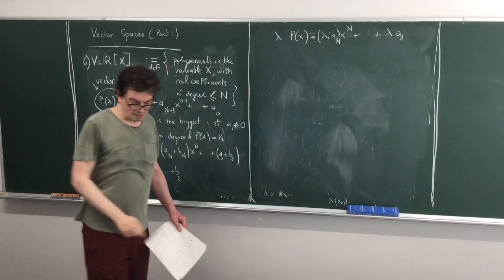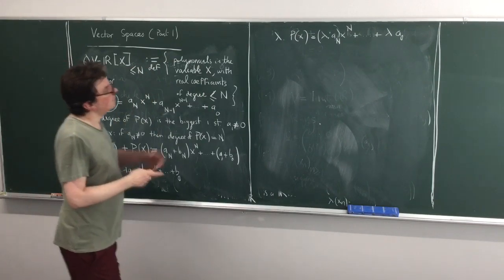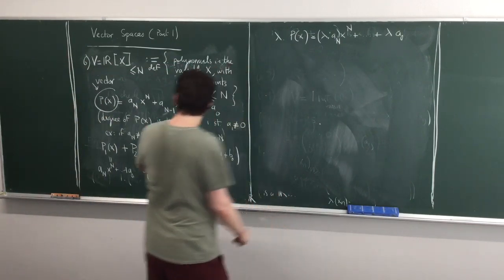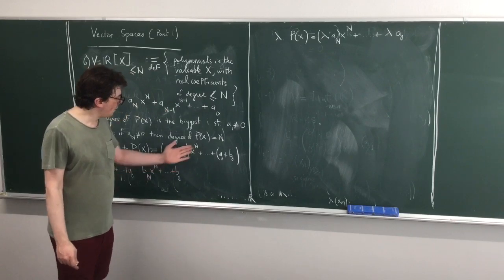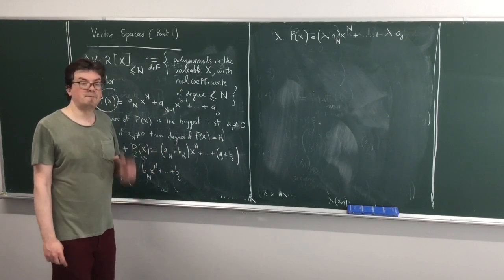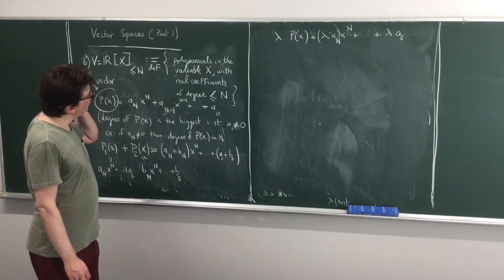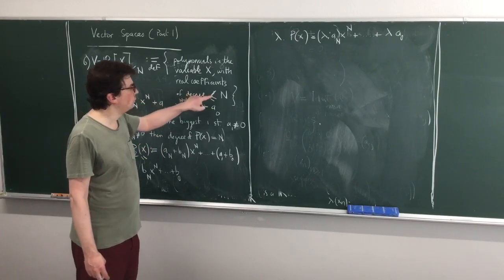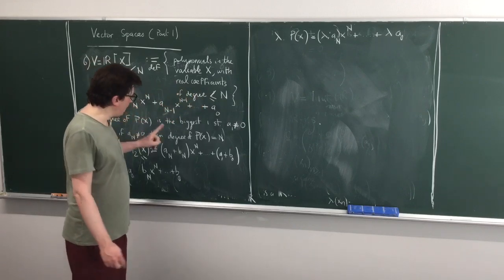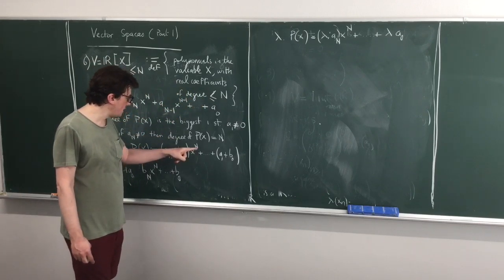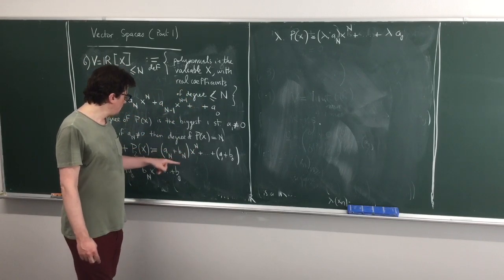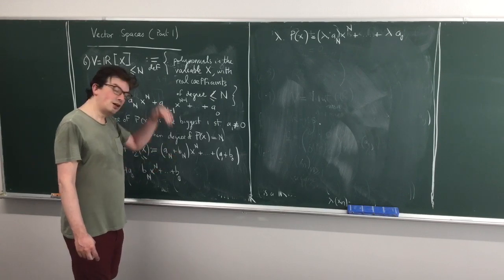Now, as you can see, these two polynomials will be polynomials of degree less than or equal to n. There is a subtlety here: we cannot take degree equal to n exactly, because if we add two polynomials of the same degree, this operation can lower the degree.